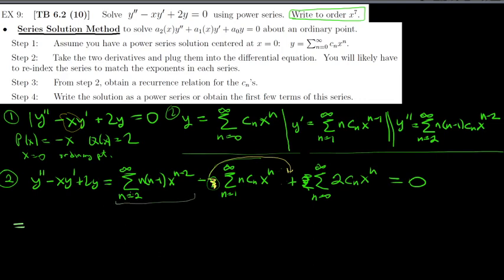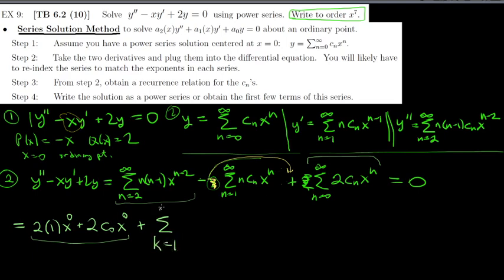When n is 2, you're going to get 2 times 2 minus 1, which is 1, times x to the 0. What about this last one? This last one is just going to be plus 2 times c0 times x to the 0. But the middle term is going to be x to the 1, so it's left separate here. Now we can start our sigma series with k equals 1 to infinity. That's going to be common to all three of these.